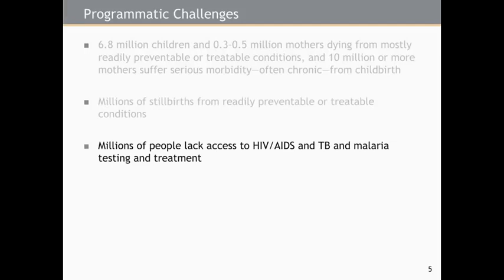We also know that millions of people around the world are still lacking access to testing and treatment for HIV/AIDS, and also access to basic services to prevent and control TB and malaria, and to treat cases of tuberculosis and malaria. And the role of both selective approaches to primary health care and more comprehensive approaches in primary health care to address this problem is terribly important.